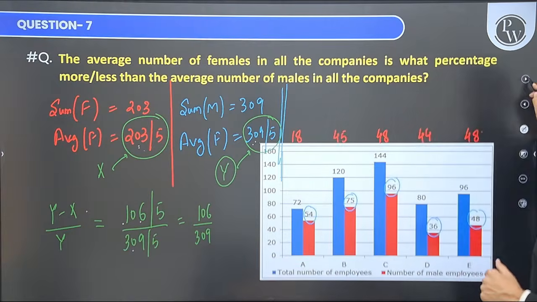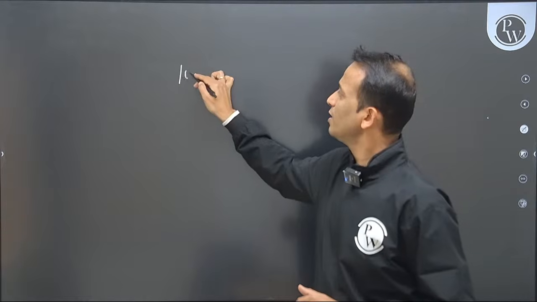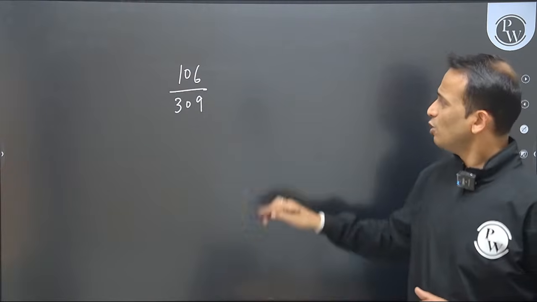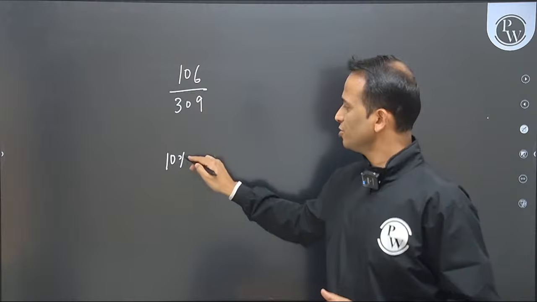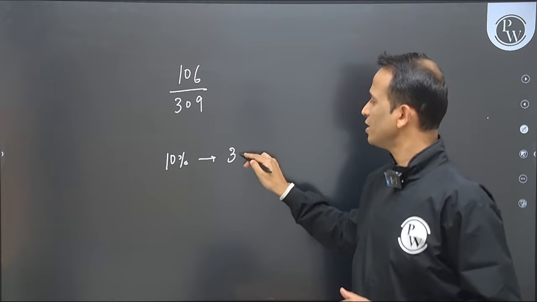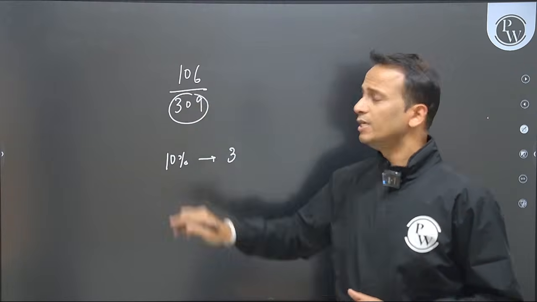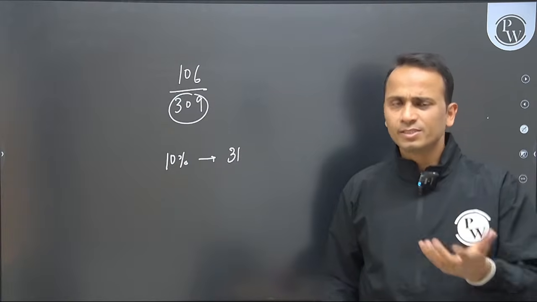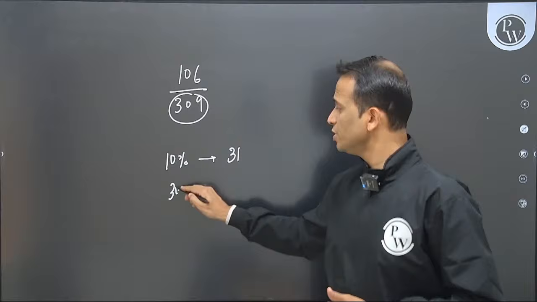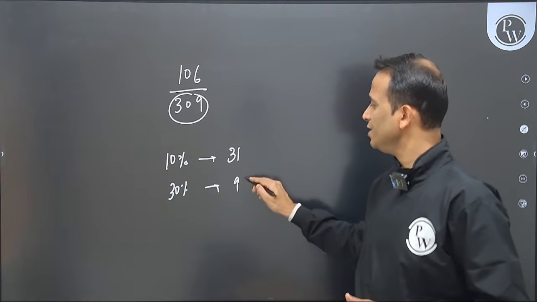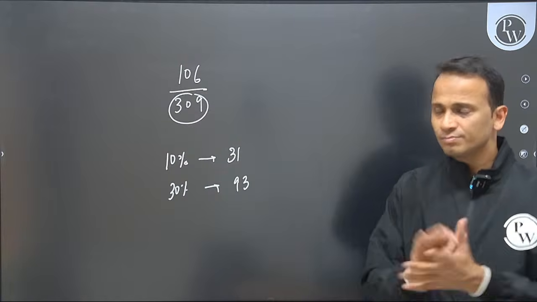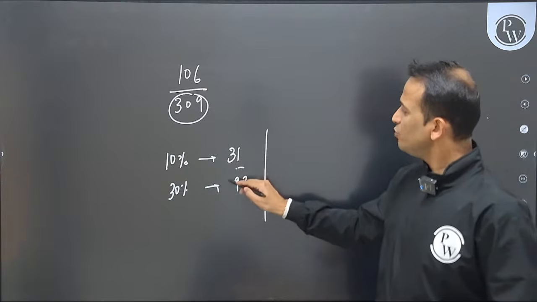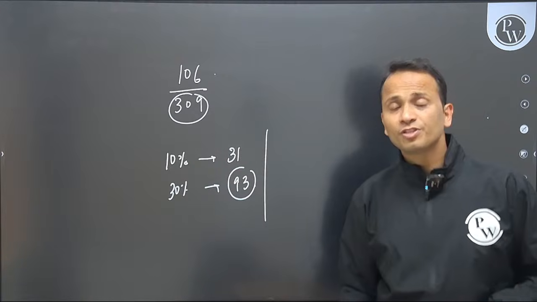Now the calculation part. 106 is what percentage of 309? Now if I look at 10 percentage, 10 percentage is approximately 31. 30.9 is 31. So 30 percentage will be 93. Then the gap between this number and 106 is 13.